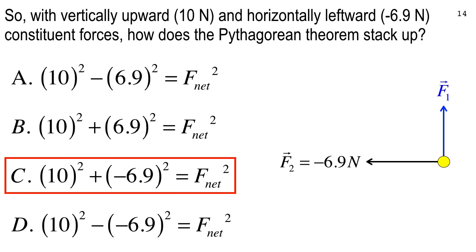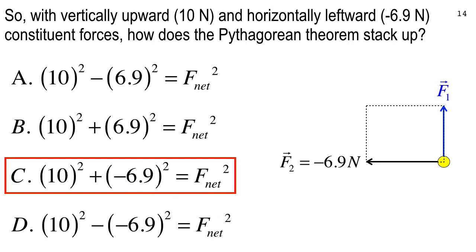Graphically, if you have the two constituent force vectors and their tails are both traced in on this yellow dot, in other words, the dot that symbolizes the center of mass of the object that you're studying, then the left side and the top are copies of the right side and the bottom. Right?